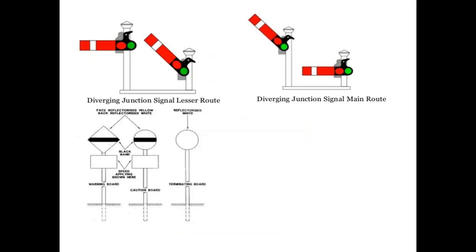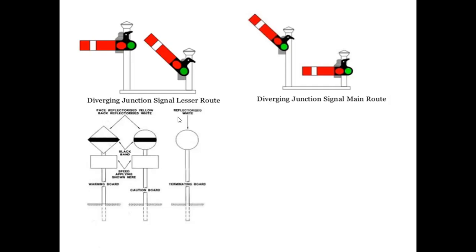So these black bands and also these warning boards indicate, if the board is of the quadrantal type, the warning of the speed to the driver.